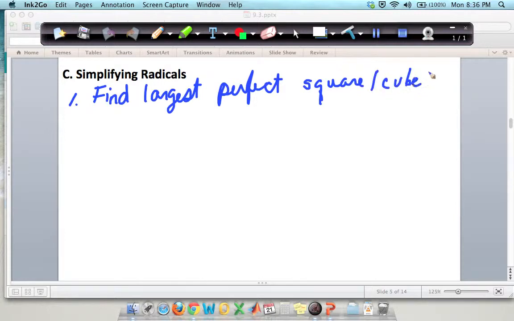If you have a 4th root, you want to find the largest perfect 4th power, I'm sorry, that divides into, I'm going to abbreviate here, your radicand. And remember, that means the number under the radical sign.